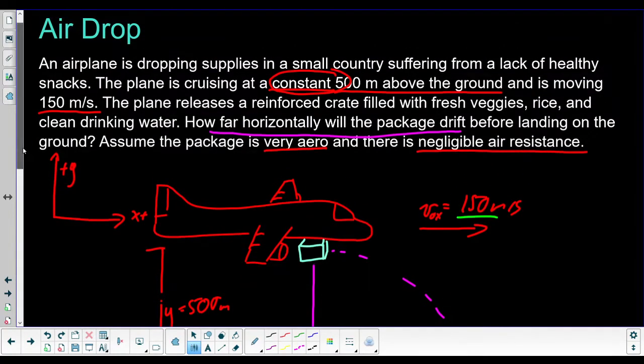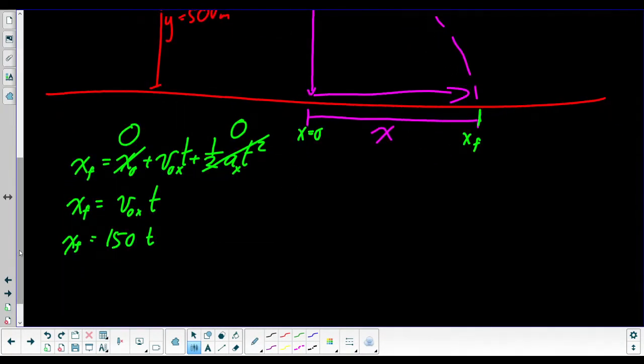So it says the plane releases. Releases means it doesn't push it down. It doesn't give it a little shove up. It doesn't toss it up and then let it fall. It just lets go. And then it falls. It's also 500 meters above the ground. So we have some information, and we could write a displacement equation in the y direction.